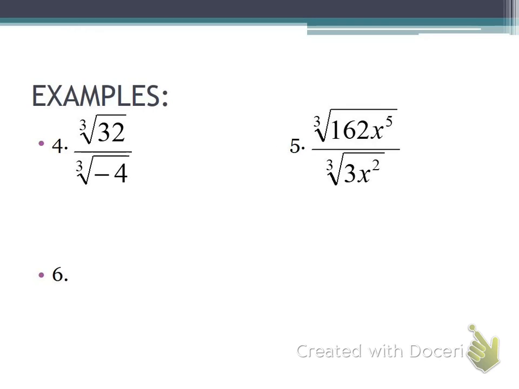All right, number 5. Again, I would recommend smushing these together first, simplifying under the radical, and then seeing if we can continue to simplify. So 162x to the 5th divided by 3x squared. And we're taking the cube root of all of that.